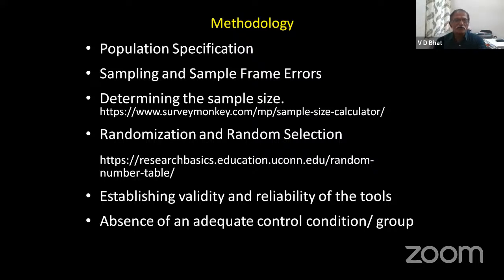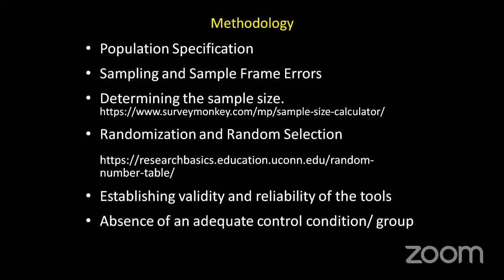Depending upon the nature of the tool, I have to establish either content validity or construct validity or concurrent validity or predictive validity. And any literature on research methodology would explain how to establish the validity.